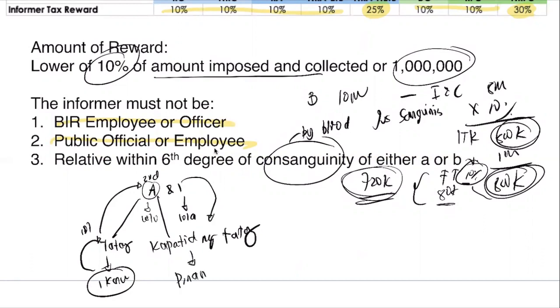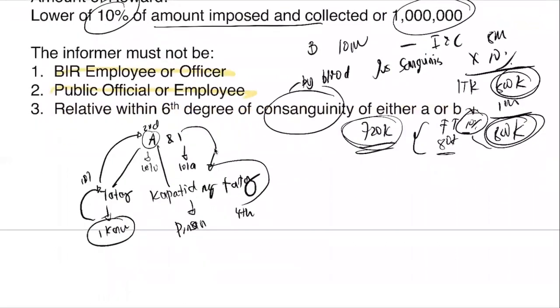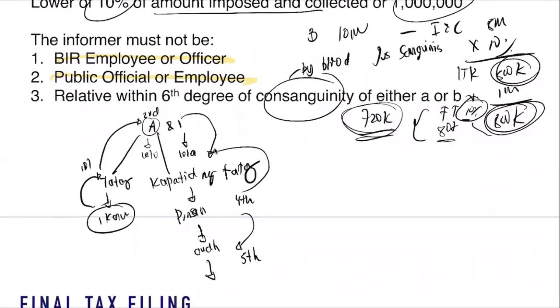Pinsan is your fourth. See, fourth consanguinity. Anak ni pinsan, fifth consanguinity. Anak ng anak ni pinsan, sixth consanguinity.